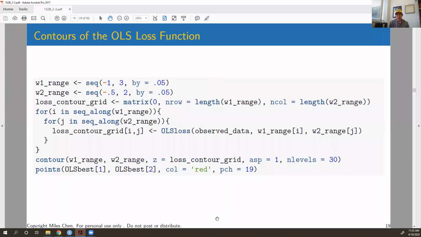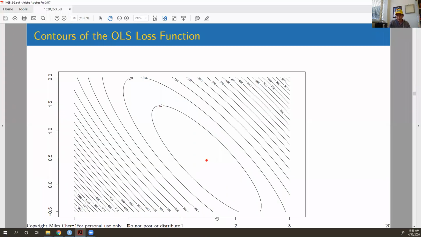All right. And then I create contour plots. This is a contour plot showing what our least squares loss function, or our squared loss function, looks like for different values of W1 and W2, okay?